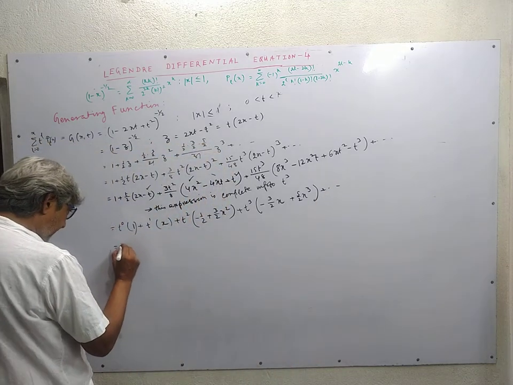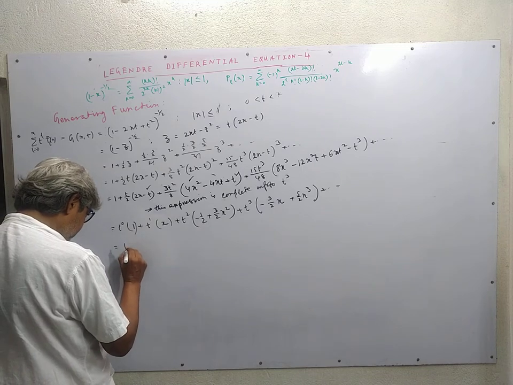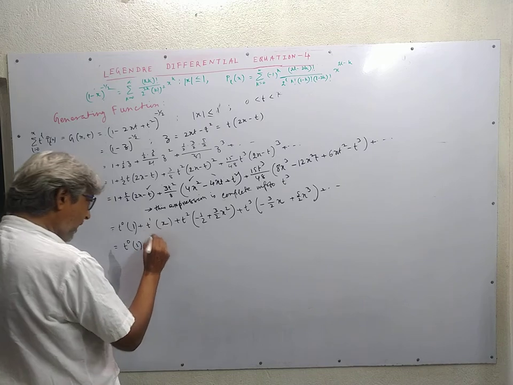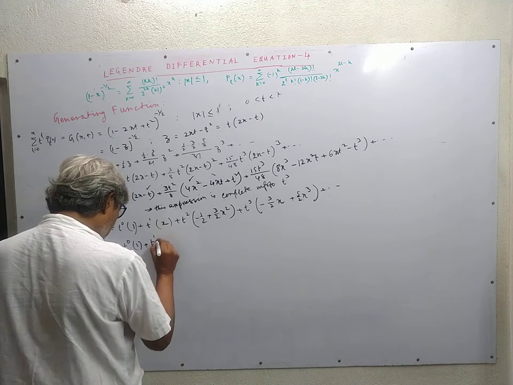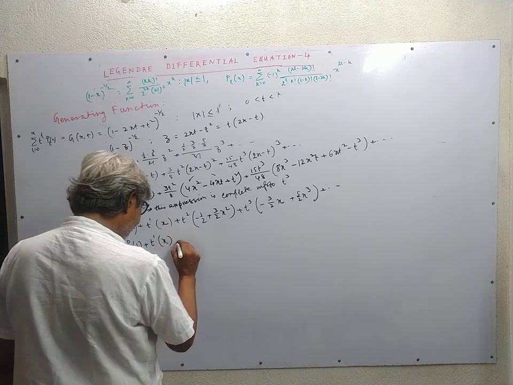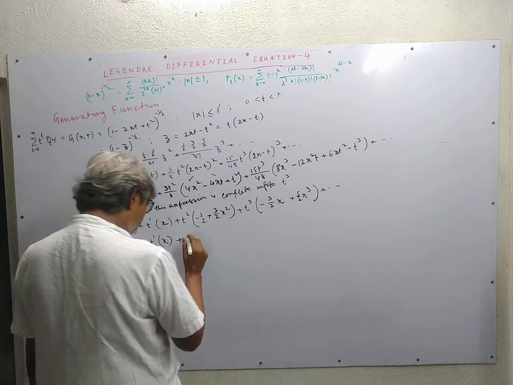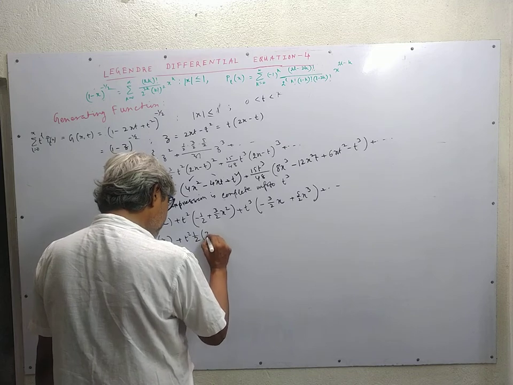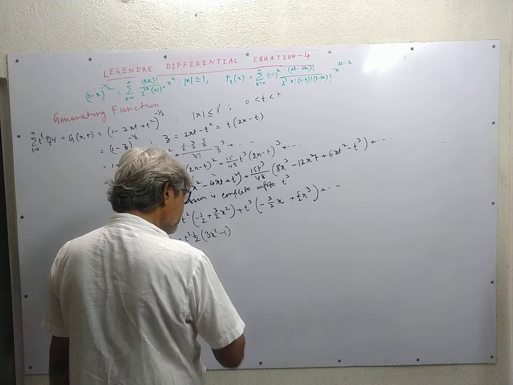Let me first rearrange the terms. This is t^0 into 1 plus t^1 into x plus, if we take t square and take half common, this is 3x square minus 1.